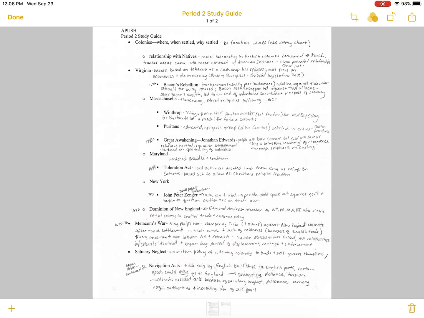And Bacon's Rebellion happens because there were frontiersmen who were usually poor landowners. So they might have previously been indentured servants. They did their time as an indentured servant, and now they had to make a life for themselves. So they probably went further inland in the interior, but they weren't really rich. So there were these big groups of frontiersmen that were rebelling against Tidewater officials for being ignored.